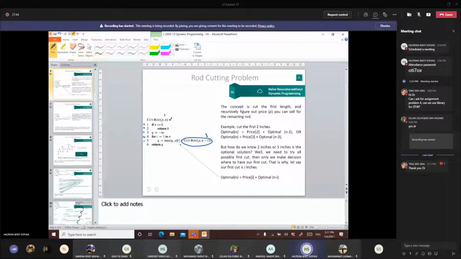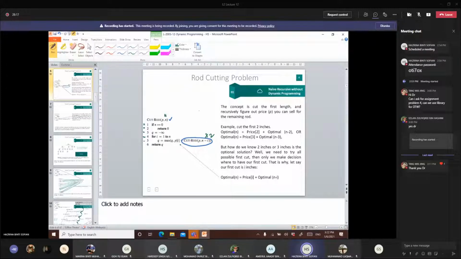So at first, cut rod 4, we are still at i equivalent to 1. Okay, then it will already call cut rod 3. So this cut rod 3 enters and will do this, and then enter a for loop again, and then call cut rod 2.